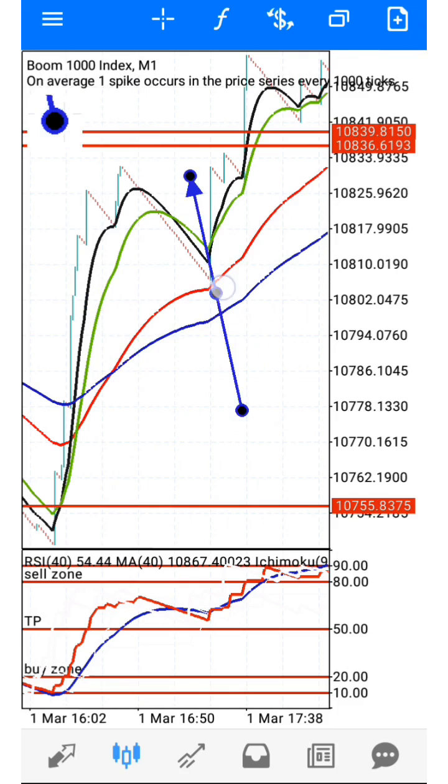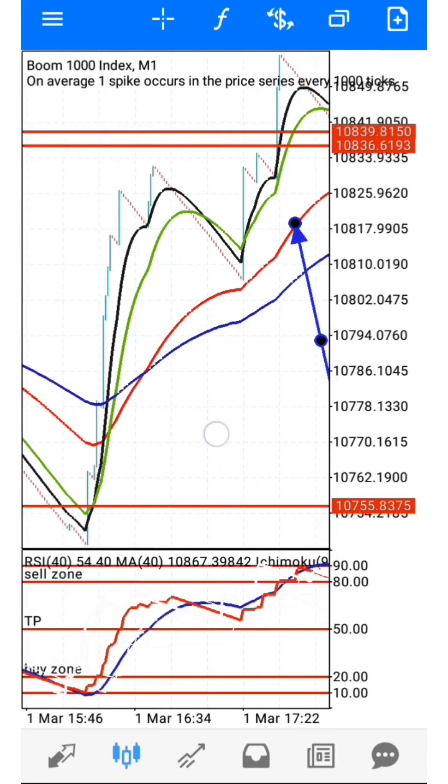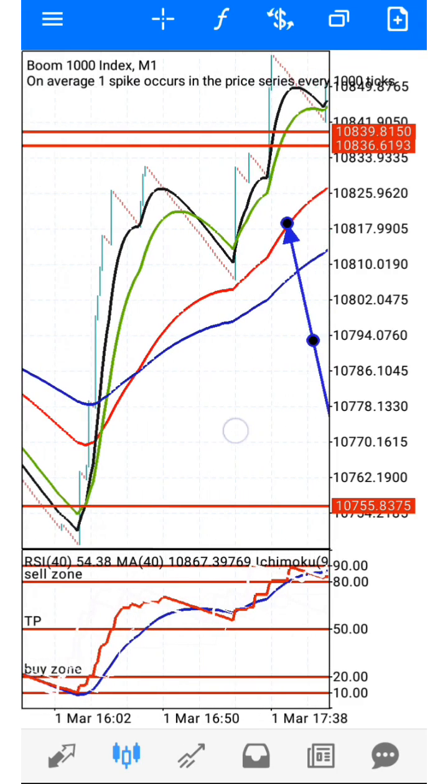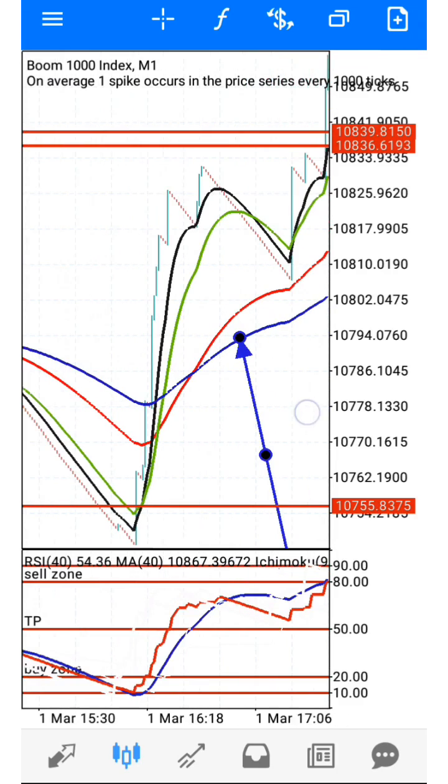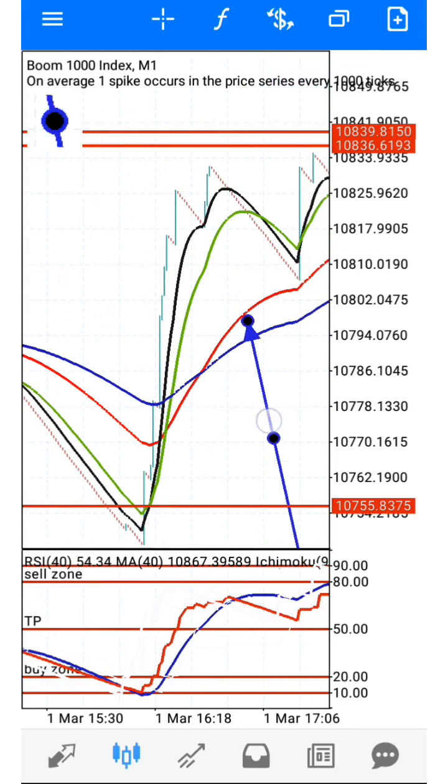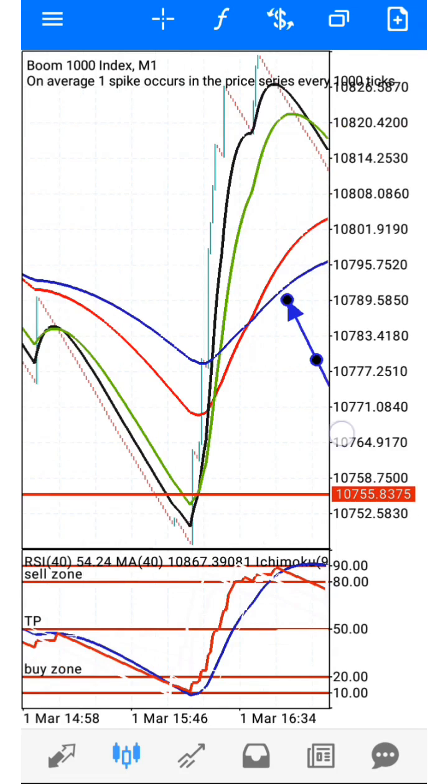What you need to understand with this market is you are using the same principle you apply when trading the normal Boom and Crash normal candle strategy, because in the normal candle strategy you wait for these 2 moving averages to cross each other. That's the blue, the green and the black here.